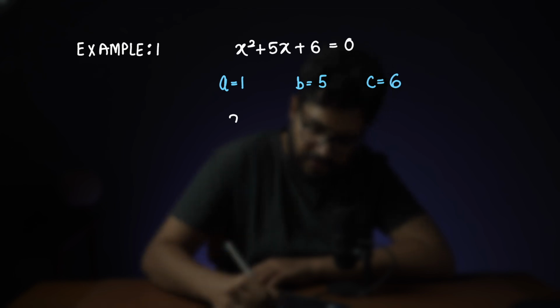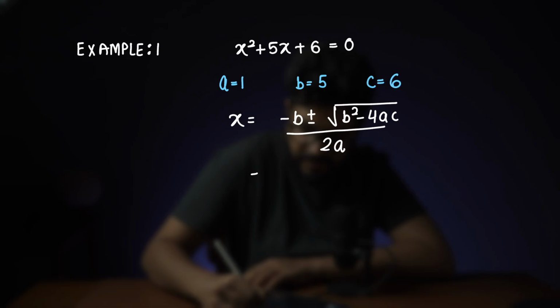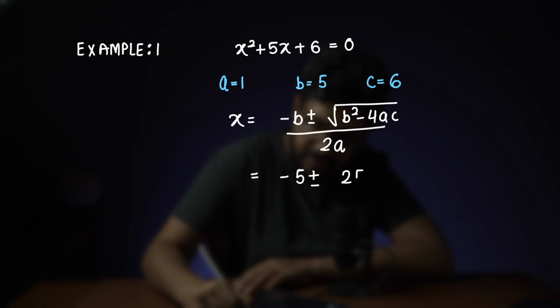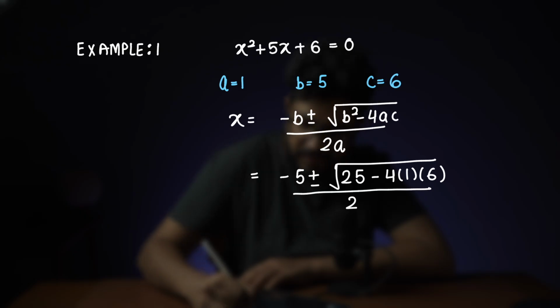So if I use the quadratic formula, by substituting these values in the formula, we have minus 5 plus or minus the square root of 5 squared, which is 25, minus 4 times 1 times 6, divided by 2 times 1, that is 2 only.